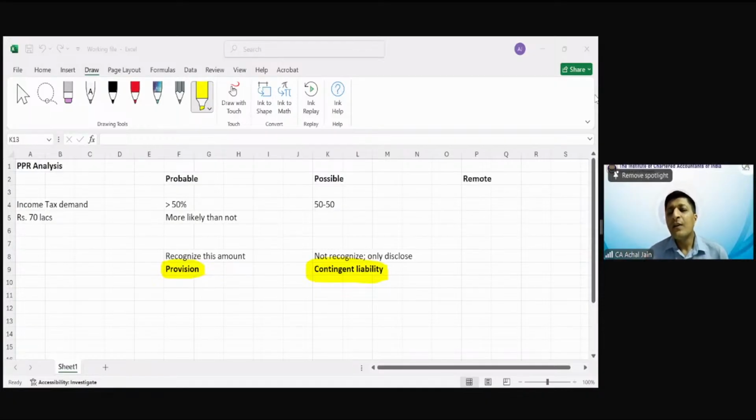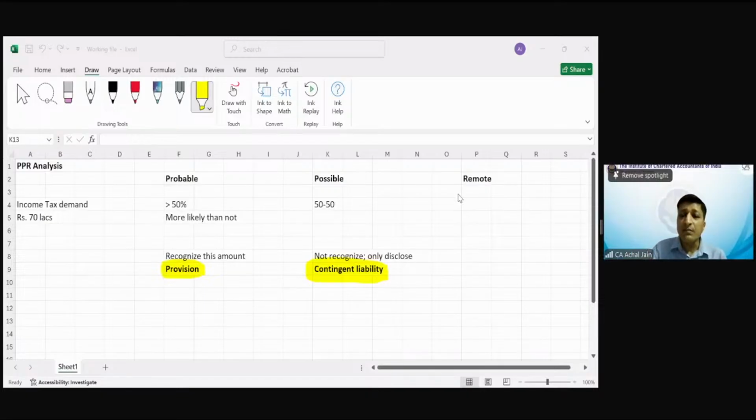Okay. Rohan says less than 50%. Nidhi says control. Ishan says not likely to occur. So what is the meaning of remote? Charandeep says chances are very less. Devu says something which is far away.